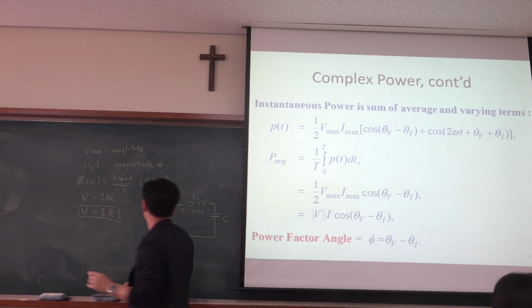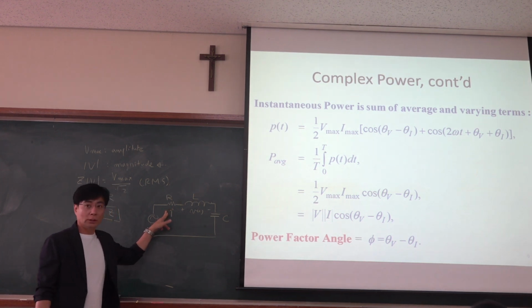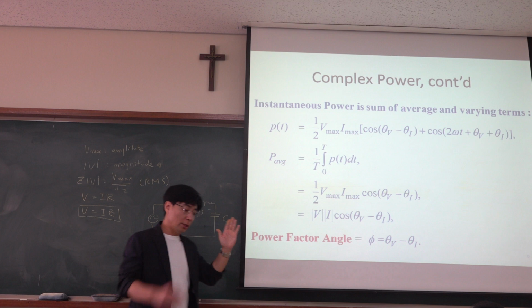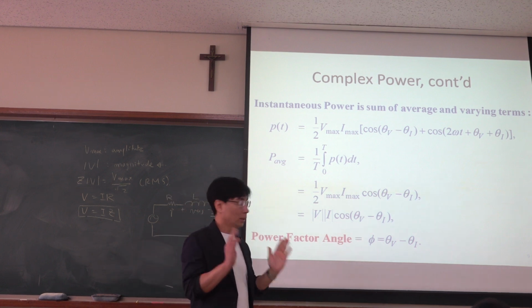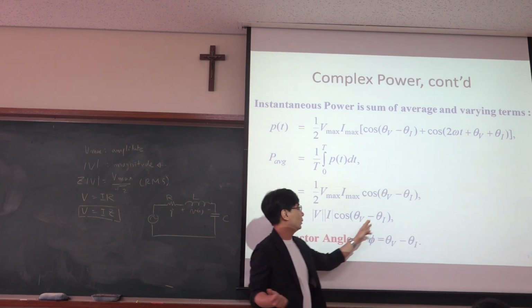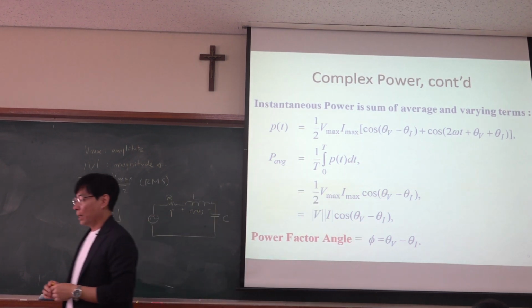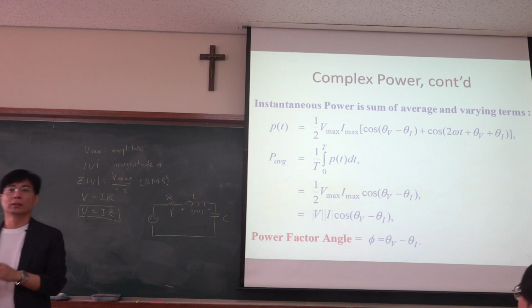And that happens here, for pure resistors, where the voltage and current have the same angle. What happens when they differ by pi over 2, or 90 degrees?